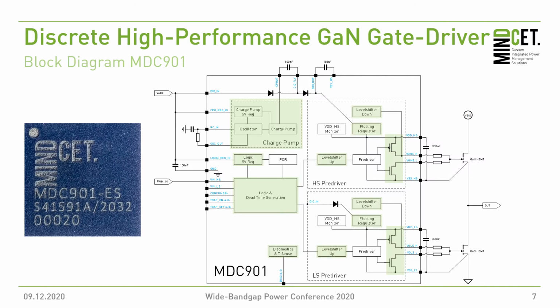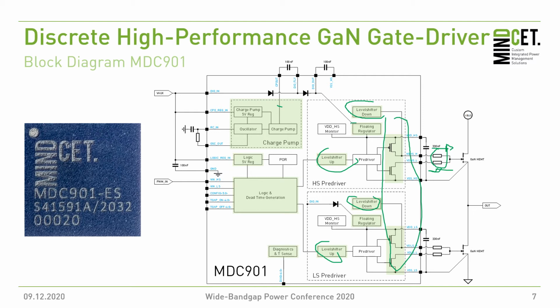This is how the block diagram of the MDC901 looks, where you recognize the key features in an output stage, the output stages to drive your GaN. And there's a separate source and a sink path that you can then tune with external resistors if needed. There are the level shifters up and down that of course are critical for 200 volt operation and also for the closed automatic dead time.